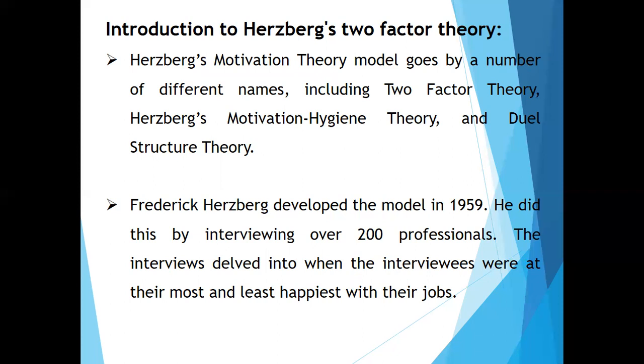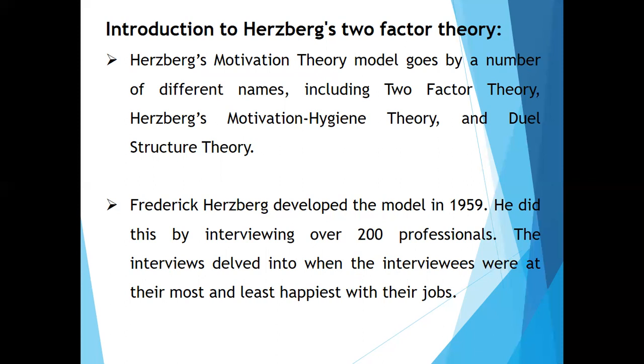Based upon the answers received from these 200 people, Herzberg concluded that there are certain factors that tend to be consistently related to job satisfaction, and on the other hand, there are some factors which are consistently related to job dissatisfaction.